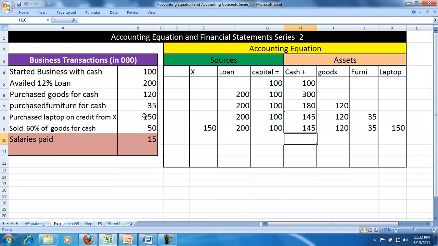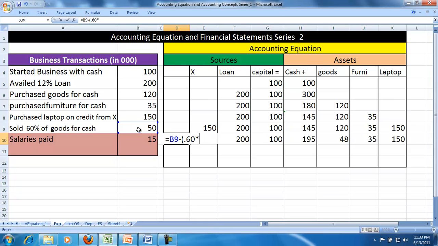Now they're selling goods for cash, so plus 50. Cash goes up and the stock reduces to 40%. No change in the furniture, no change in the laptop, no change in capital, no change in loan, but there is a profit.